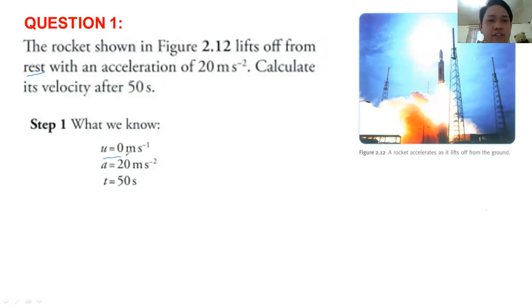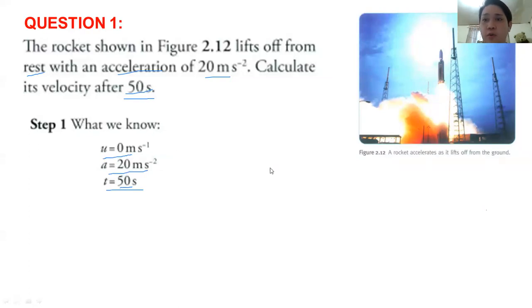Another thing is the acceleration, which is 20 meters per second squared based on the given. And since we are looking for the final velocity, the given time is 50 seconds. So these are what we know.